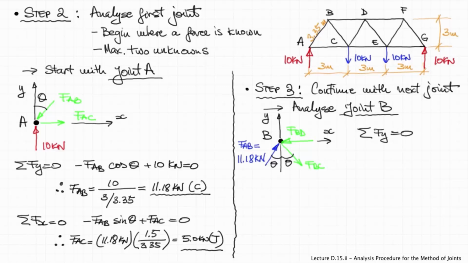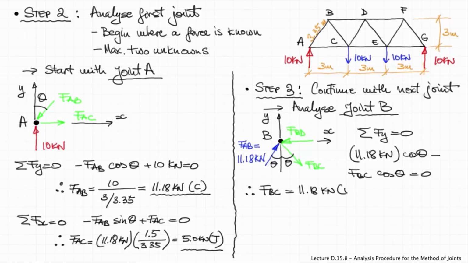If the results of the equations of equilibrium lead to negative results, then it means that our original assumptions were wrong. So if we calculate the numbers, the force in member BC will result as being equal also to 11.18 kilonewtons in tension. Our assumption was correct.